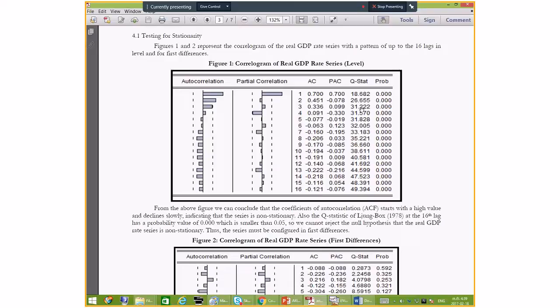Also, the Q statistic at the 16th lag has a probability value corresponding to the Q stat of 0, which is smaller than 5%. So we cannot reject the null hypothesis that the real GDP data series is non-stationary.